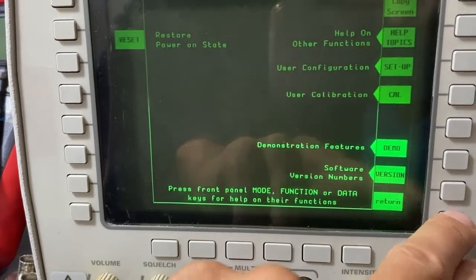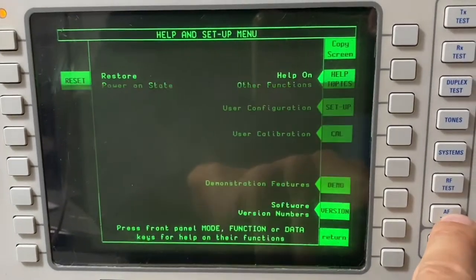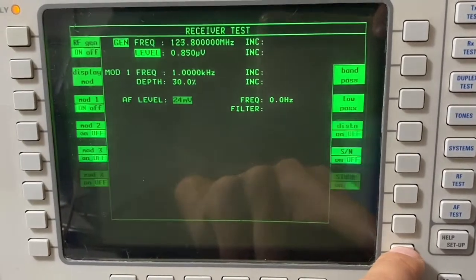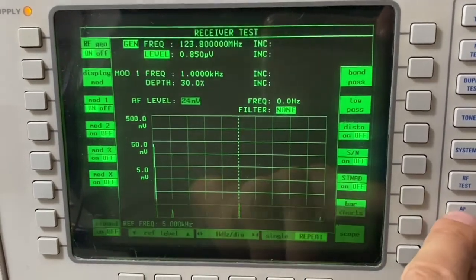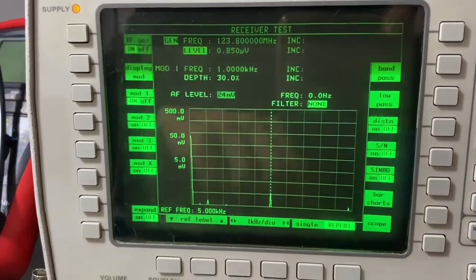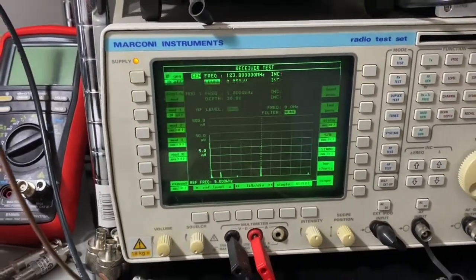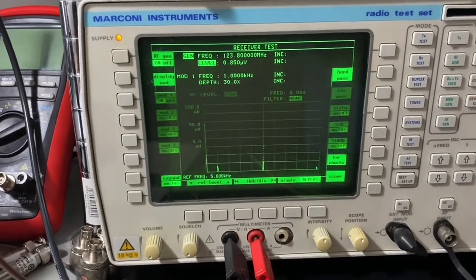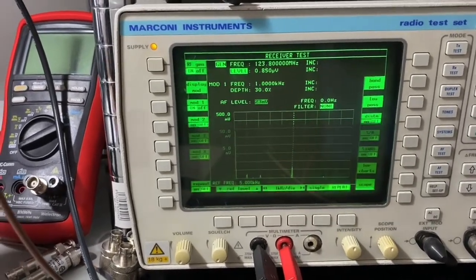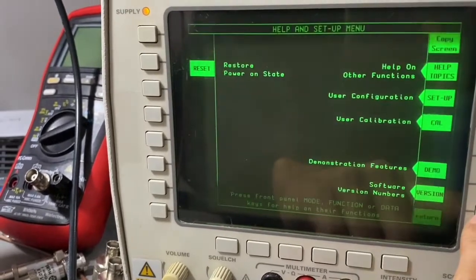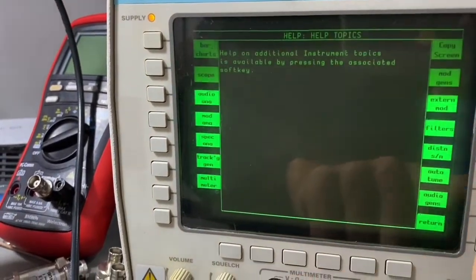That's it. So if we go here on AF test, well, actually, no, before we do that, I will check this. Let me go back again.